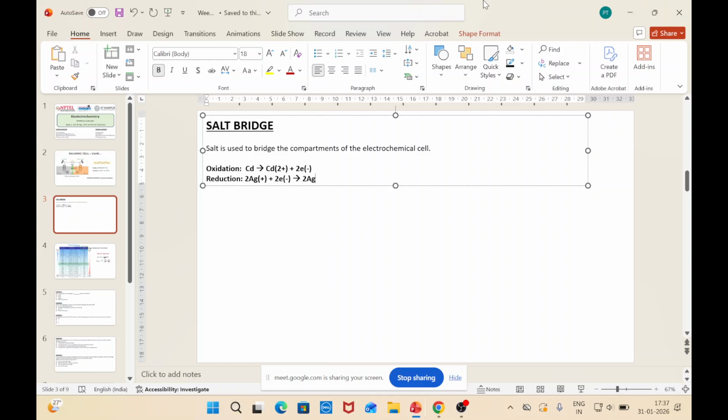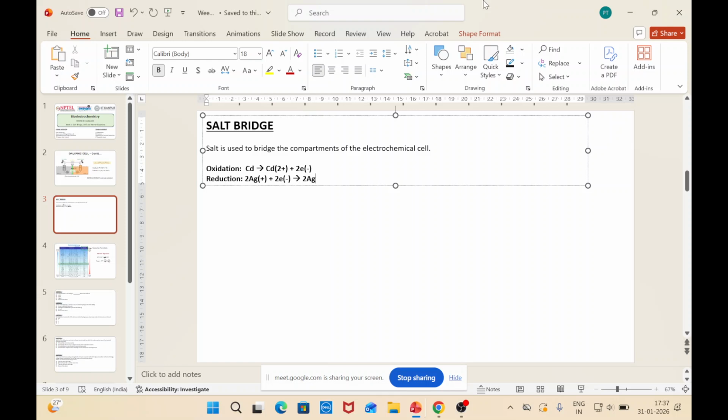Similarly, in the cathodic compartment, the silver is going to be reduced to deposit as solid silver. So the nitrate ion concentration in the cathodic compartment is going to increase. So the negative charge in the cathodic compartment is going to get increased. So charge neutrality is going to be compromised, which cannot be possible.